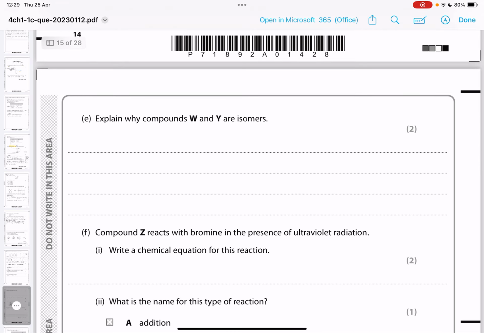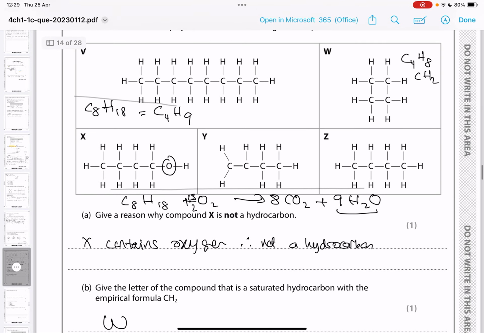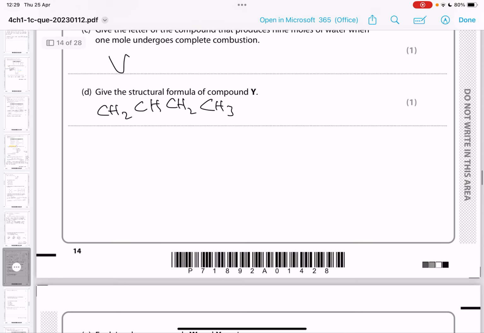Explain why compounds W and Y are isomers. So what does isomers mean? Isomers are compounds that have the same molecular formula but different structural formula. As you can see, compound W has a molecular formula of C4H8 and compound Y has a molecular formula of C4H8. Okay, so they have the same molecular formula, but you can clearly see that they have different structures, which is why they're isomers, okay?